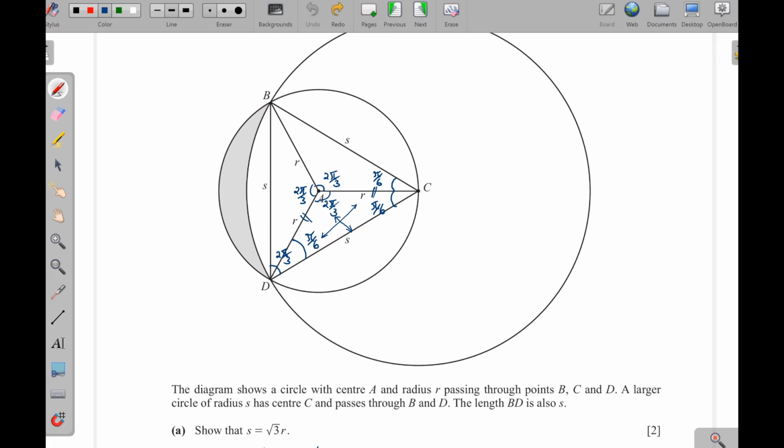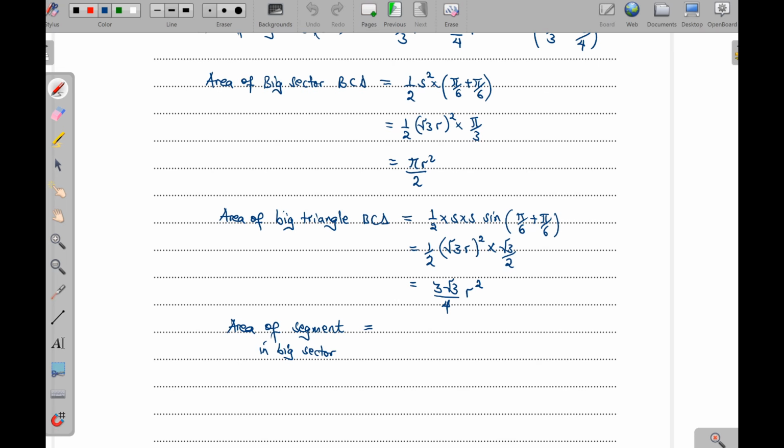Now, this one will give us pi r squared over 2, then minus the 3 root 3 over 4 of r squared. If I can factorize out the r squared, then we can have pi over 2 minus 3 root 3 over 4, okay?